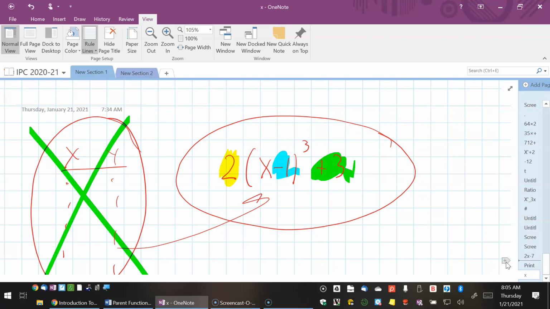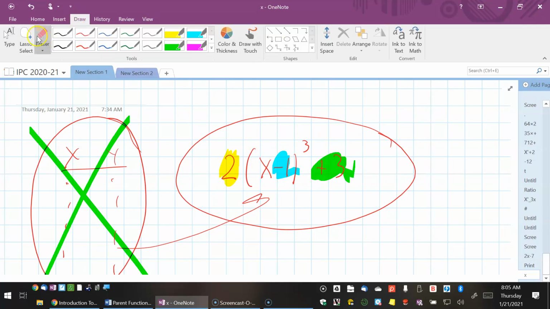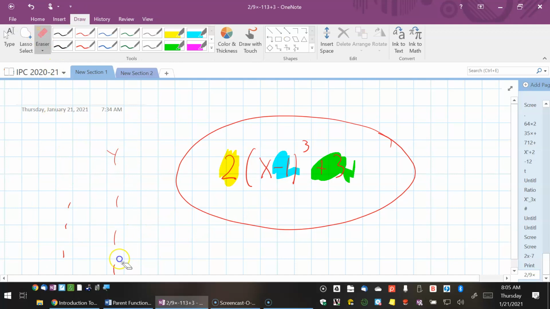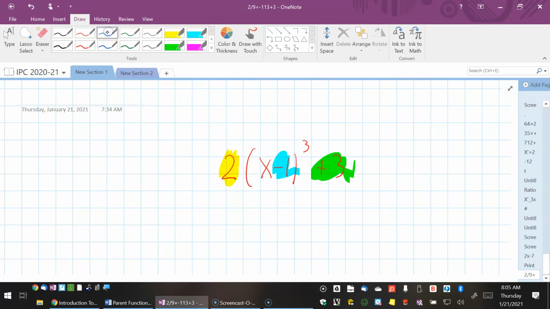If we wanted to understand what was happening in this function and graph it, our starting point would be to realize that this is a ginned up version of x cubed. This is x cubed with some different transformations in place.